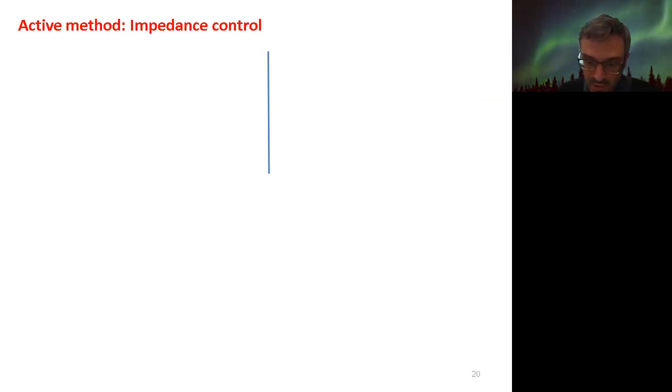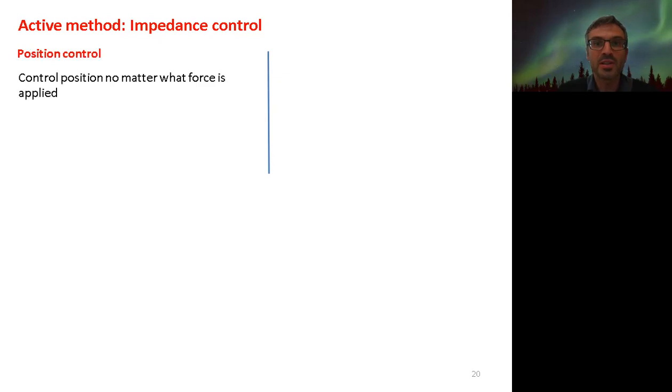In the middle of what? Till now, we explained, for example, position control, which is a controller that tries to control position no matter what force is applied at the end effector. It has the advantage of achieving very high accuracy. It is very stiff.